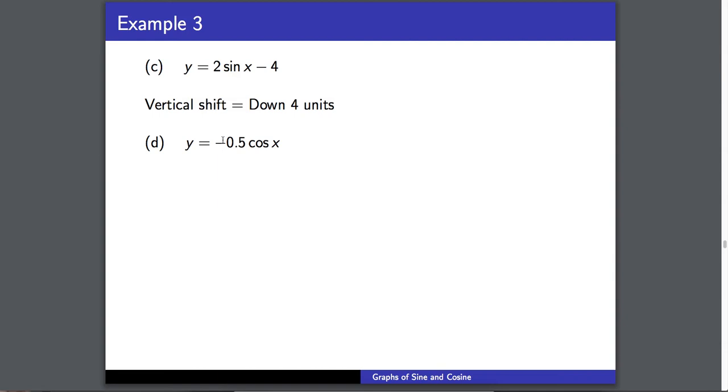It does reflect it across the x-axis because of the negative, and it does compress it vertically by a factor of 2 because we're multiplying by a half. But in terms of shifting the graph up and down, it doesn't. So the vertical shift is either none, or you could say plus 0, which is shifting 0 units.